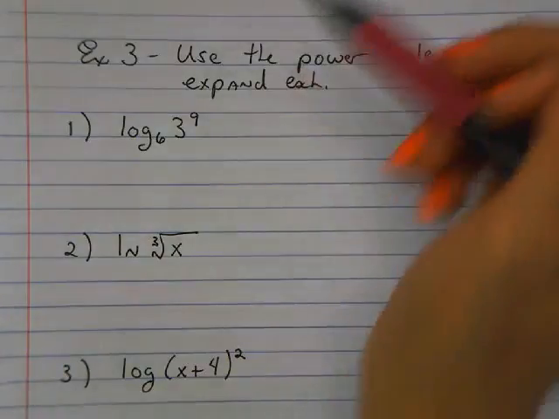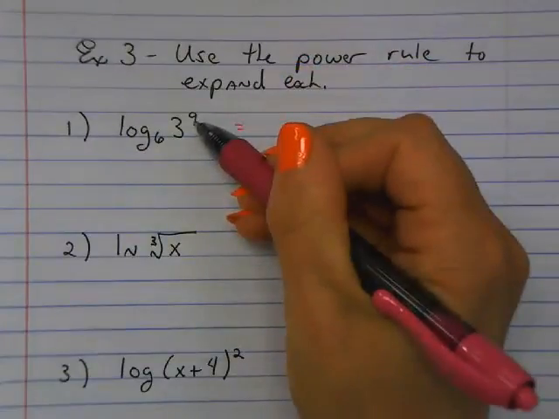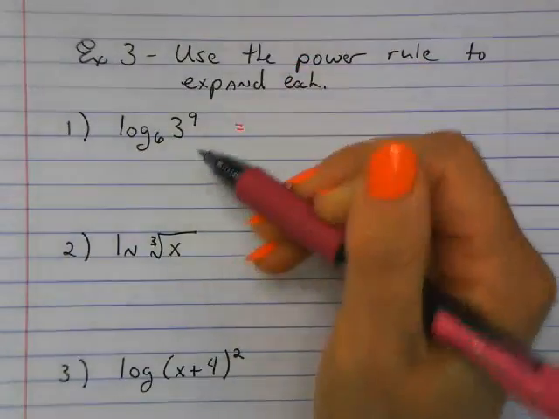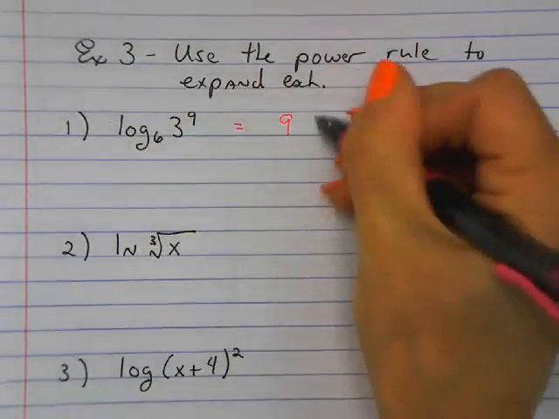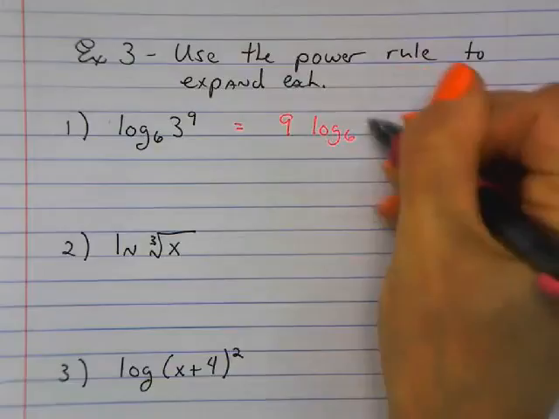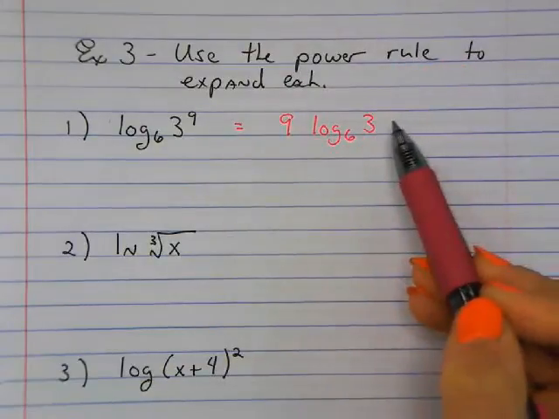Since I'm raising to a power, that's really multiplying. So let's bring this 9 out in front. Now ask yourself, can you write 3 as 6 to some power? Nope, so that's as simplified as that can get.